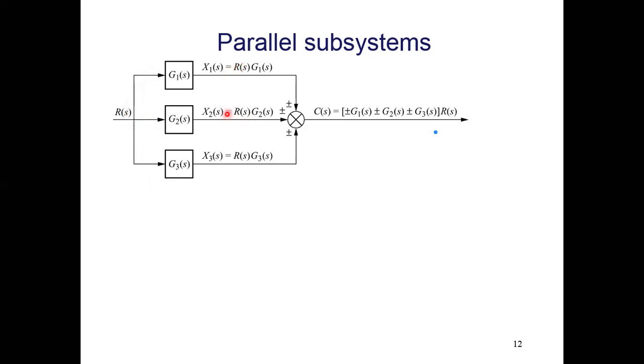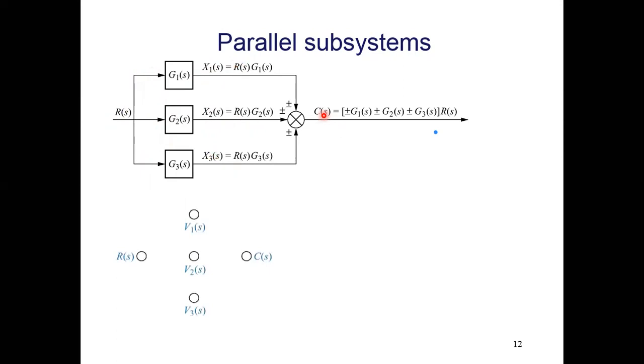Here we will have 3 signals, X1 of S, X2 of S, and X3 of S. So 1, 2, 3, 4, and this is our 5th signal. So we will have 5 nodes here in the parallel subsystem.